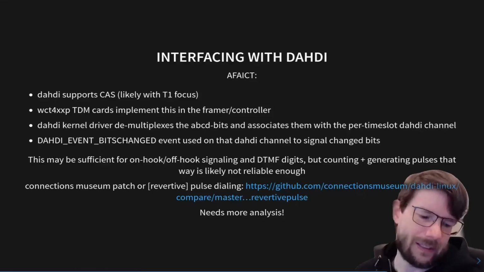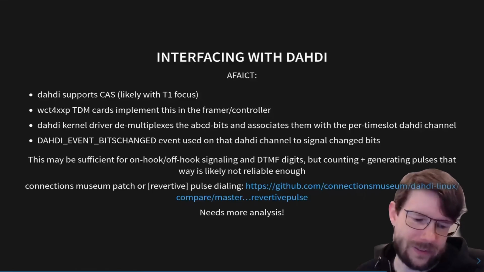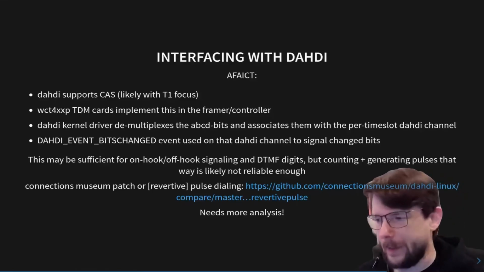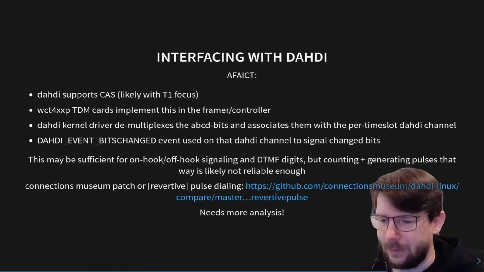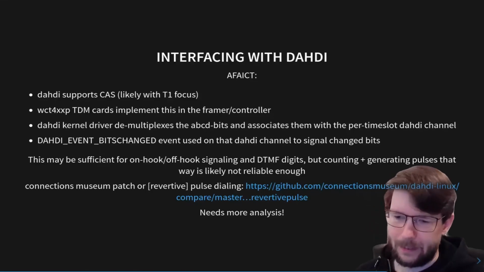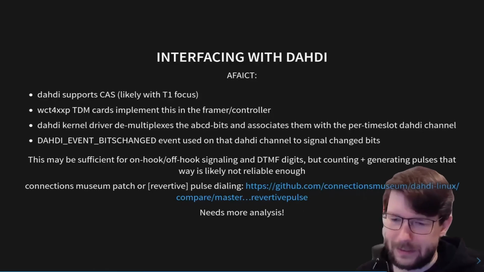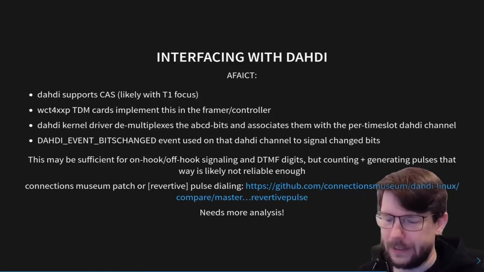So I think for this use case, one of the first steps then would be to make sure that this can also be supported with IS1 USB, and compare that the behavior is identical to that of a Digium card.